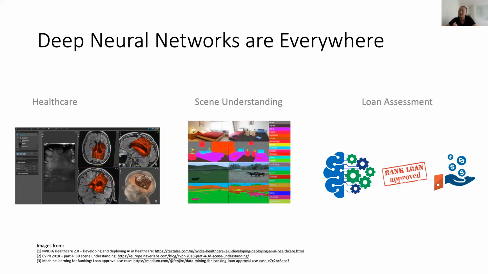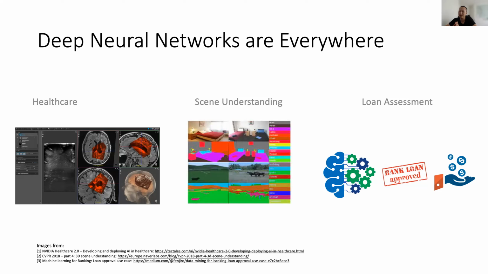We're at the moment where AI seems to be taking over everything, and deep neural networks are everywhere. For example, in healthcare, given a brain image, computer vision algorithms can scan the image, identify the brain regions, and then give feedback to the doctor.